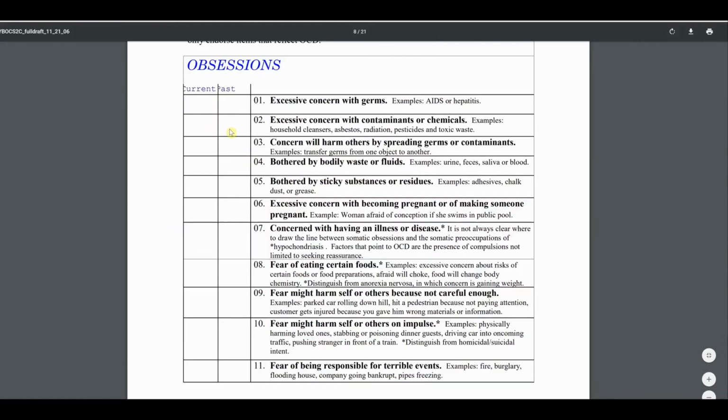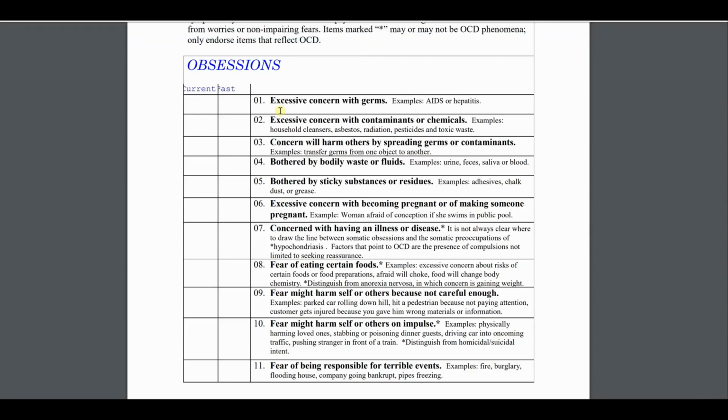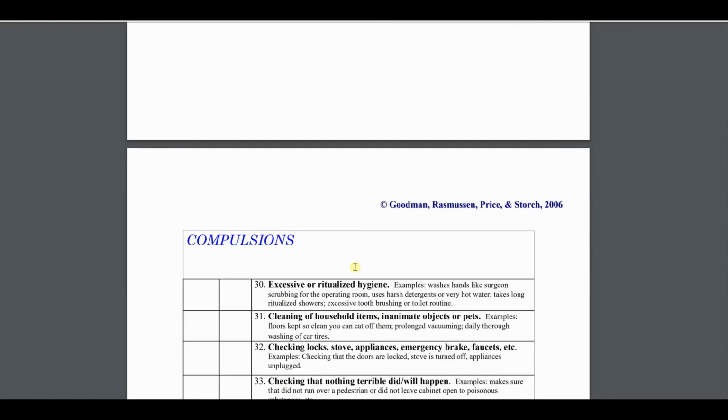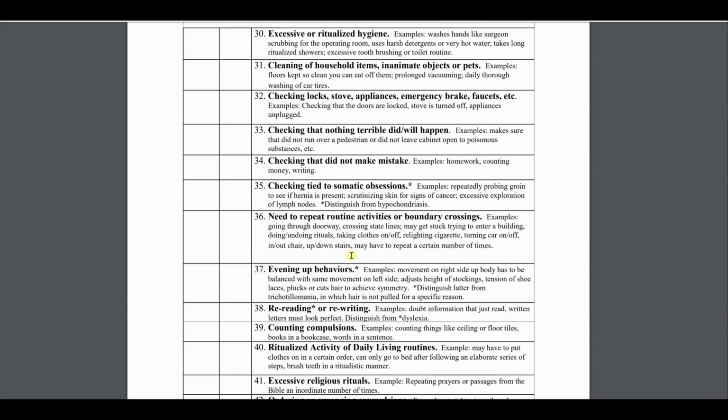So the clinician would ask, it'd probably be more of a conversation. They would say, what type of obsessions have you had? And if they said they had an excessive concern with germs or fear of eating certain foods, they'd get certain check marks here. And they would do the same thing with compulsions. So they'd ask, what kind of compulsions do you have?